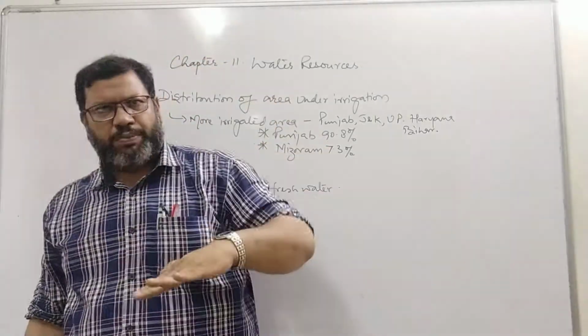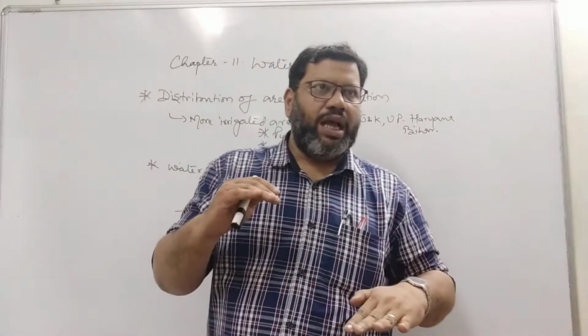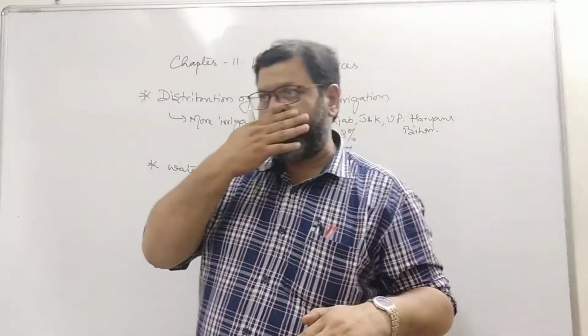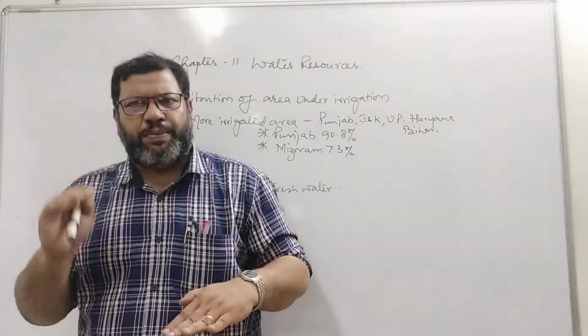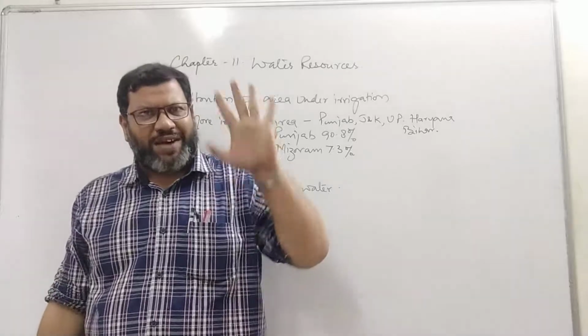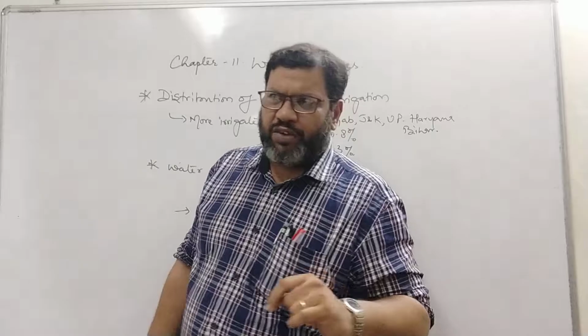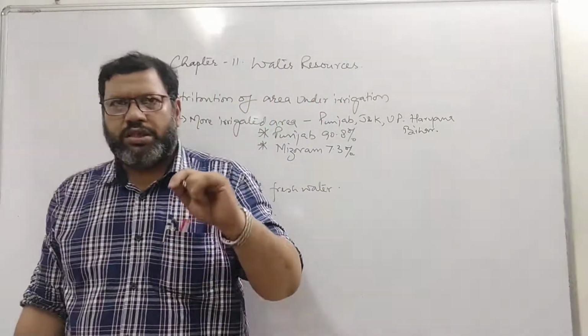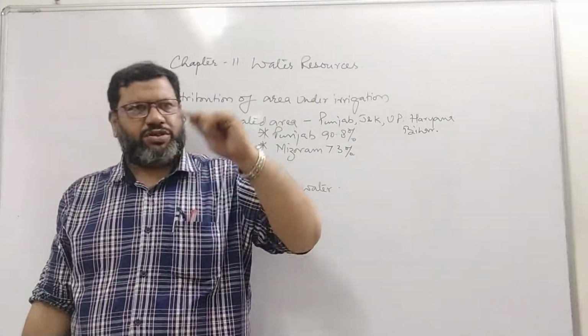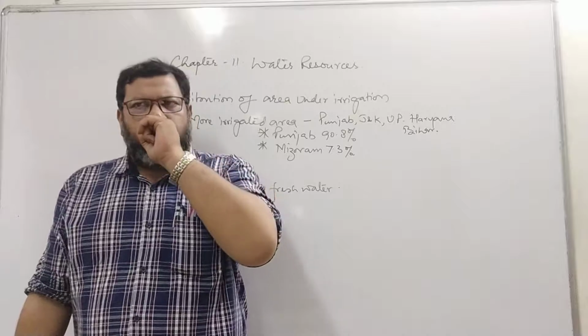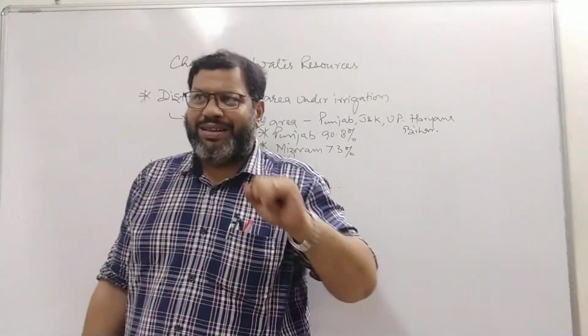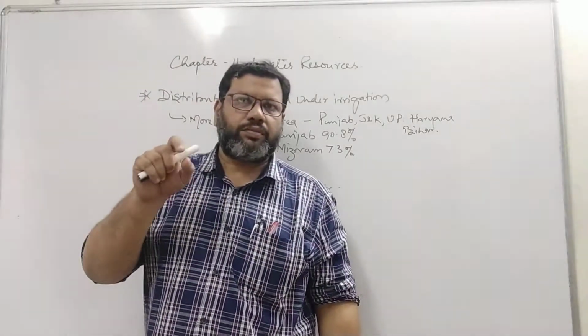The lower limit is 40% and the higher limit is 90.8%. That means all these 5 states have irrigation facility ranging from 40 to approximately 91%.